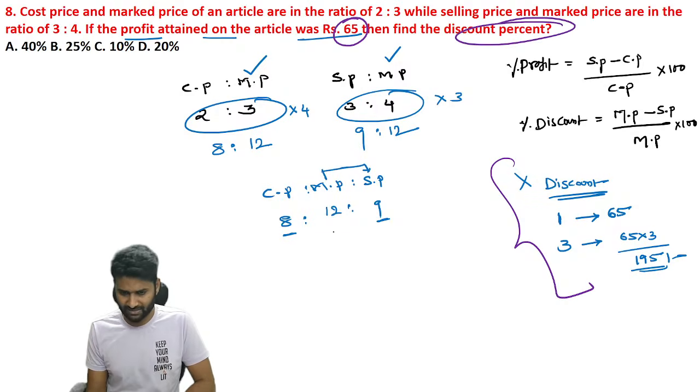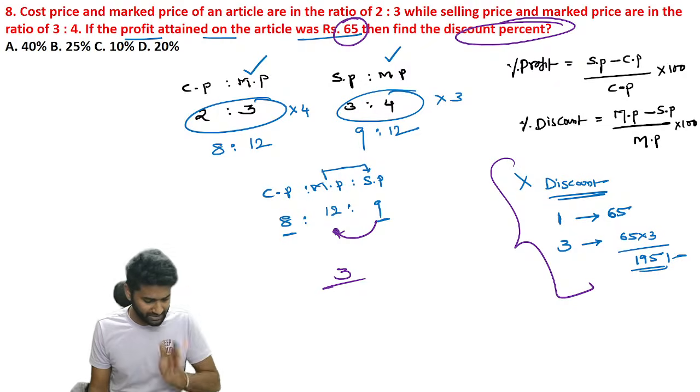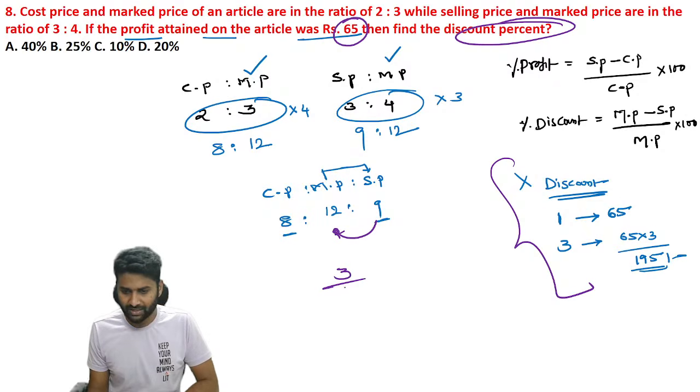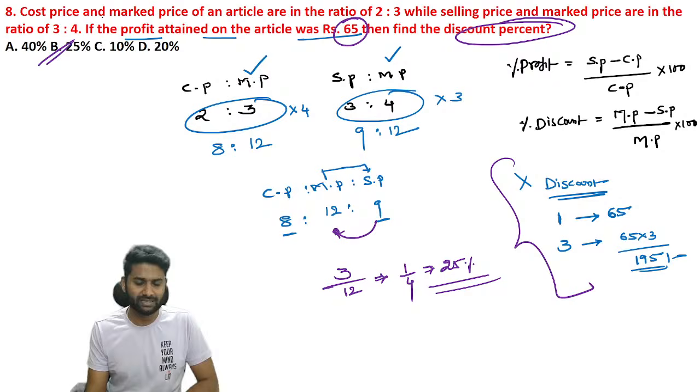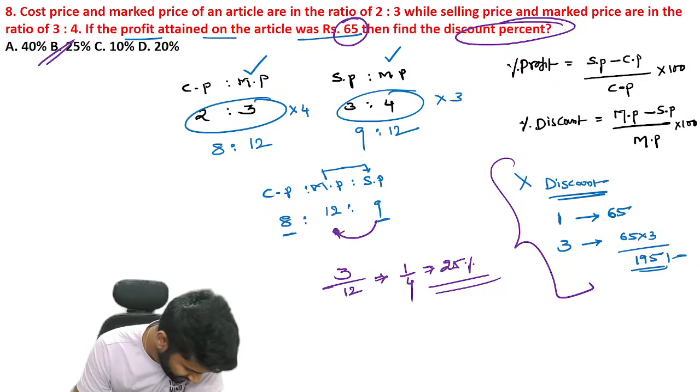Market price is more than selling price by 3 units, divided by the denominator, which is always market price only. So it is divided by 12. 3 by 12 is equal to 1 by 4, which means 25%. In the entire transaction, the discount percentage is 25%. Clear?